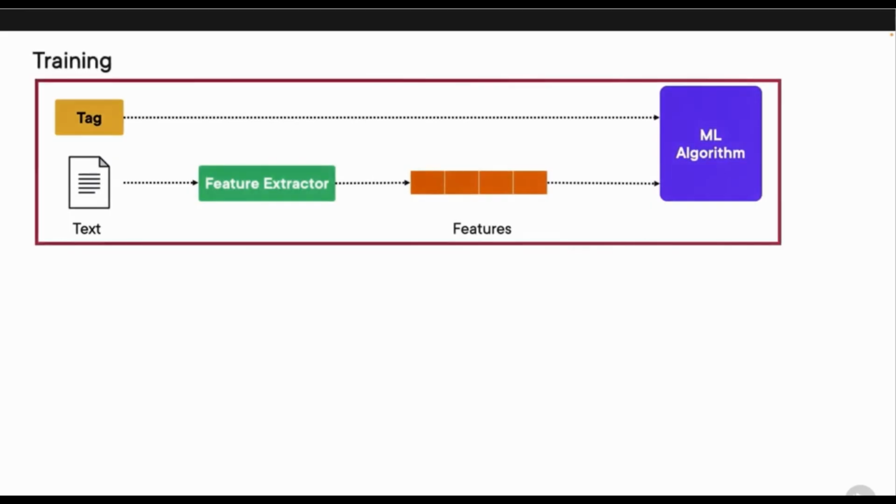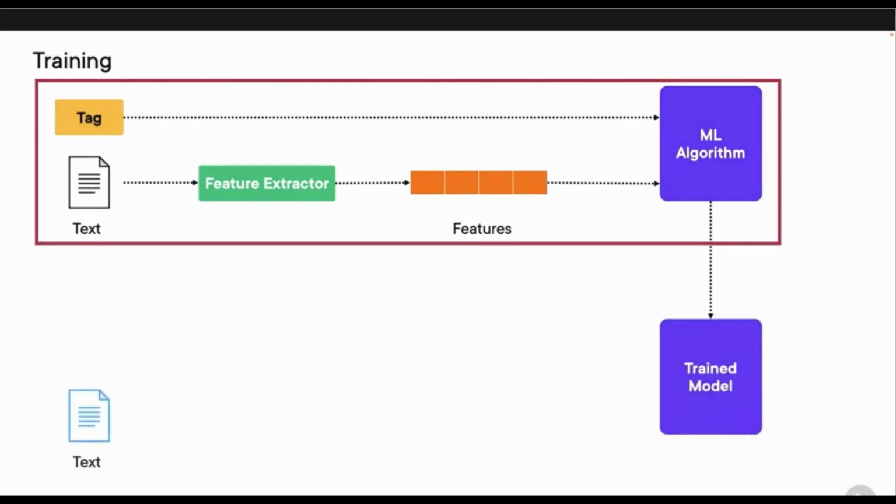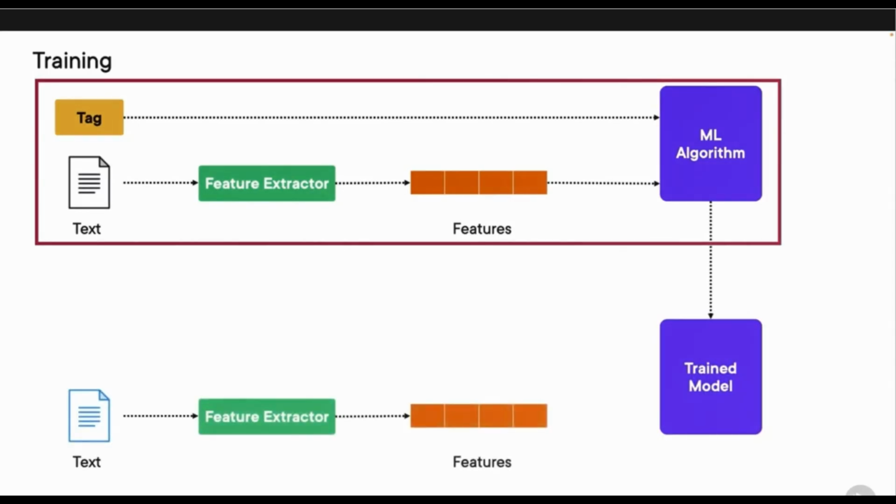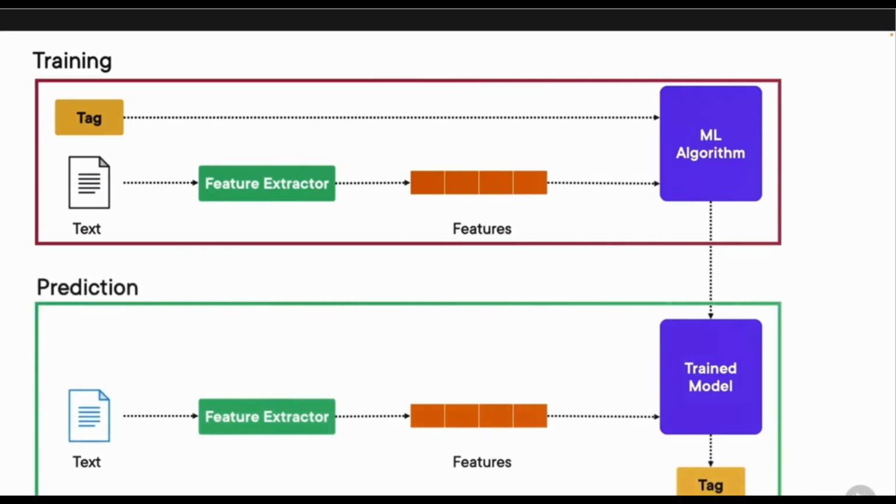This part of the system is called training. And then we have the trained model. Now, when we have more text data, you can extract the features and then feed it into the already trained model, and that will tell you if the text is positive, negative, or neutral. This part is called the prediction.